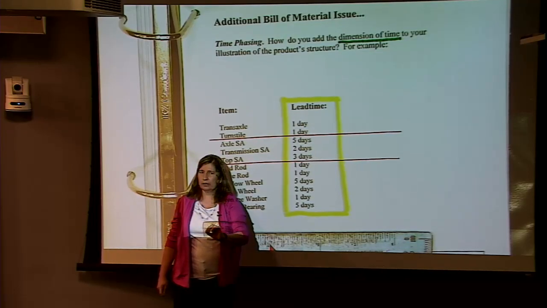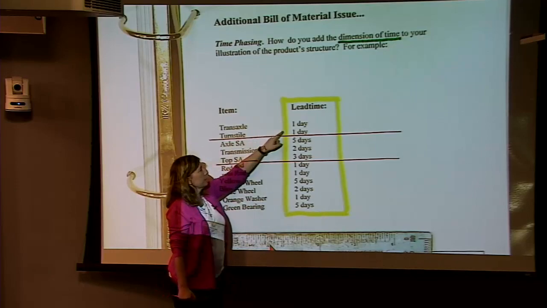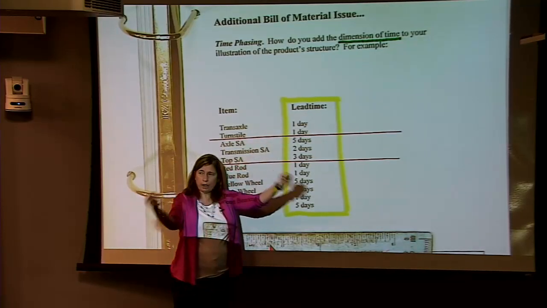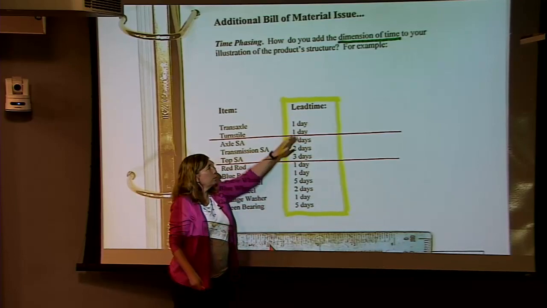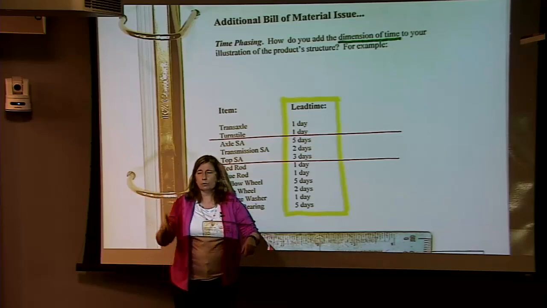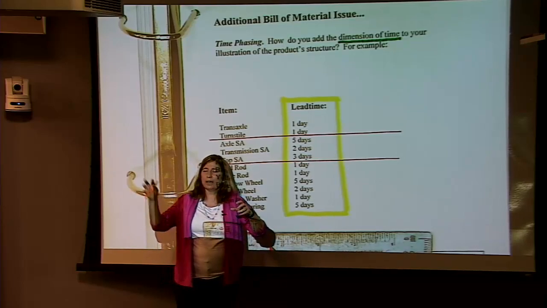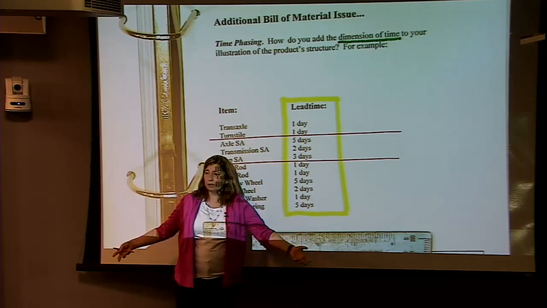If we go back to glance at the product structure diagram for the finished transaxle, the two children were the two halves, the axle subassembly and the transmission subassembly. What this is saying is if you want a finished transaxle, it'll be a day, we'll make one for you, but we have to start with an axle subassembly and a transmission subassembly. They have to be on hand and ready.